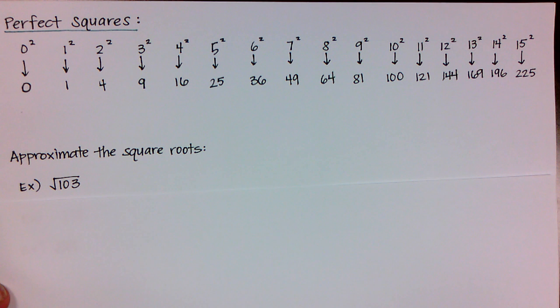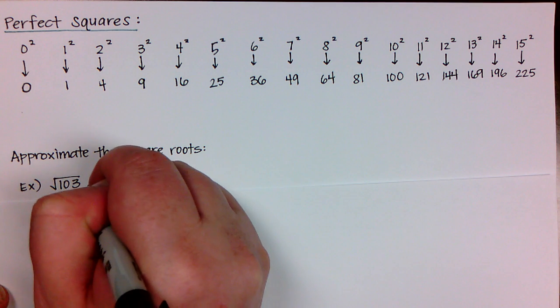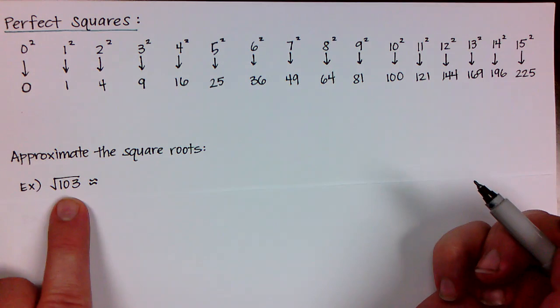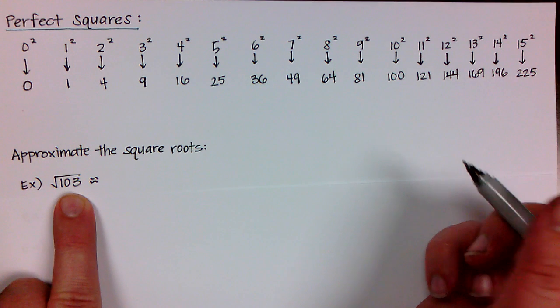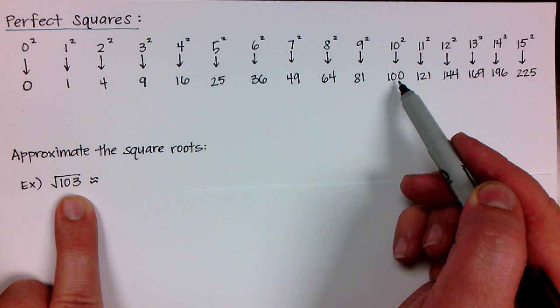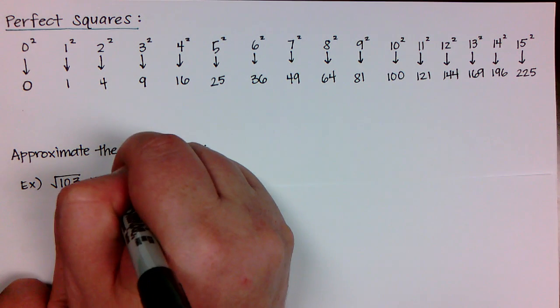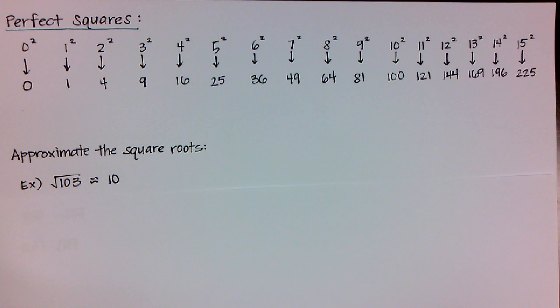Well, you can put this in a calculator and it'll give you some really, really long number, but I just want you to estimate. So approximate for me, what is the square root of 103 going to be close to? Well, I would say it's pretty close to 100, right? So the square root of 100 would be 10. So I'm going to say that would be pretty close to the number 10.